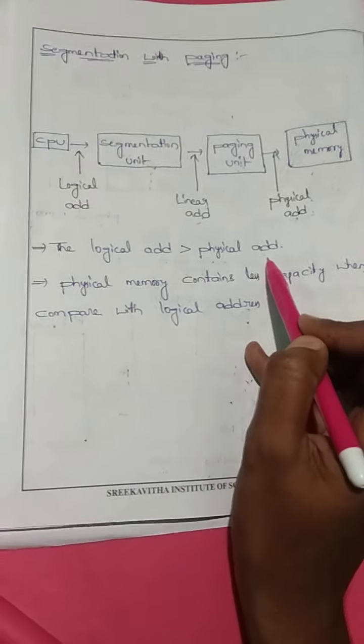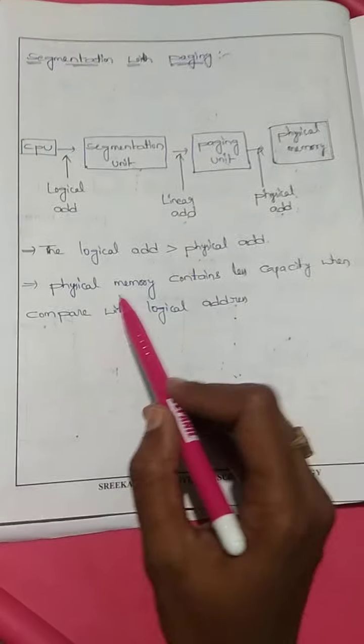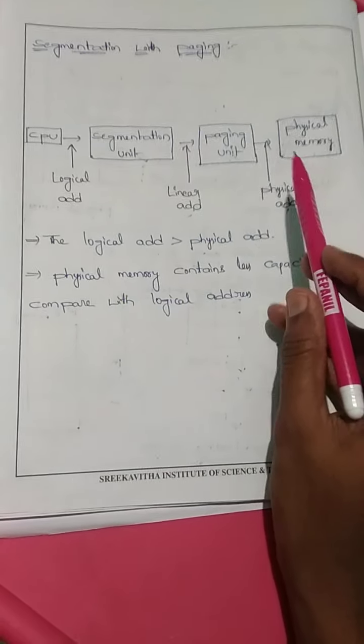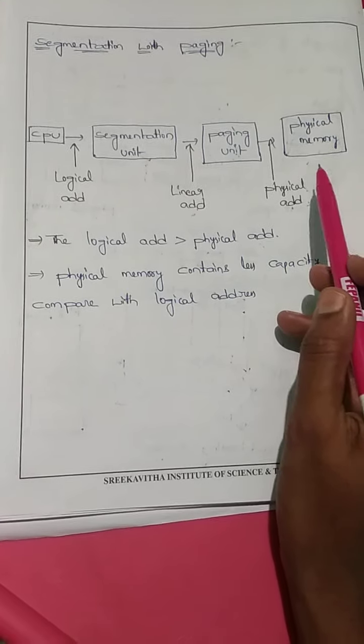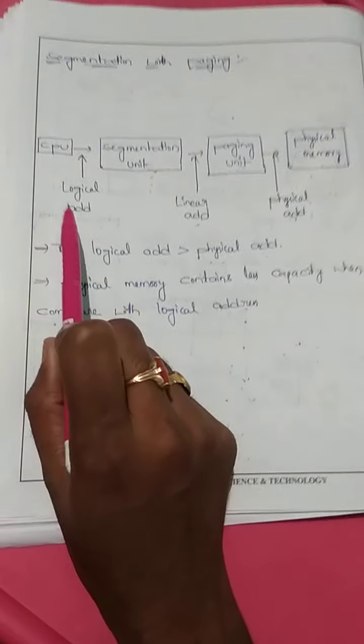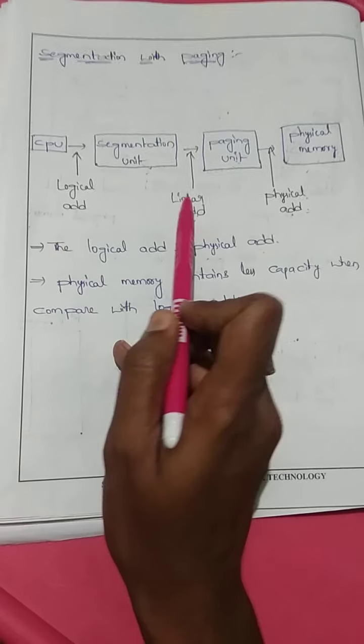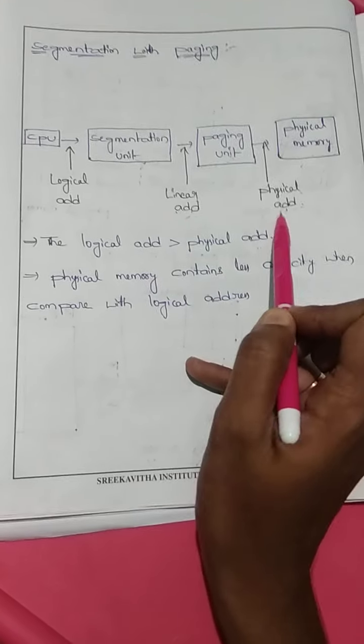The physical memory has less capacity. So that's why we convert the logical address to the linear address and the linear address to the physical address.